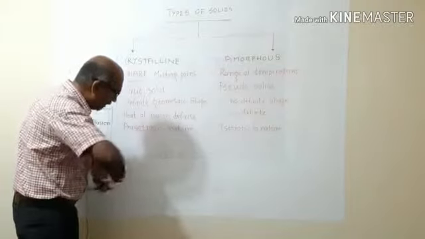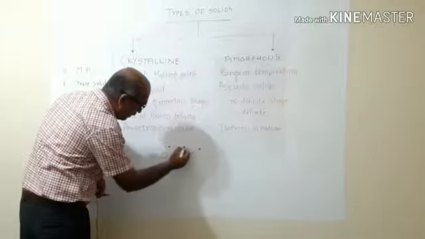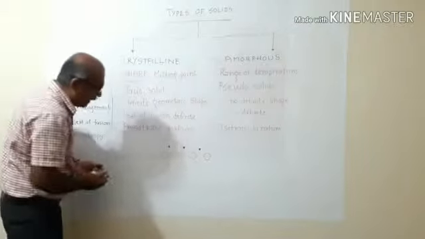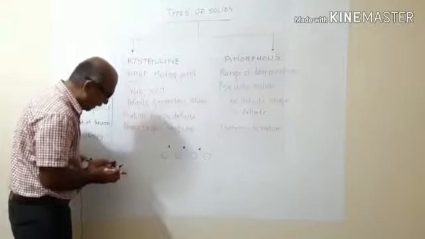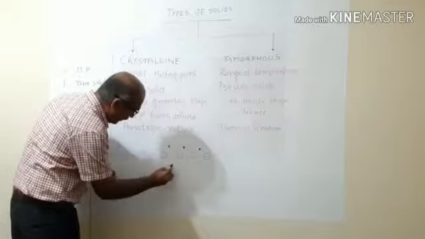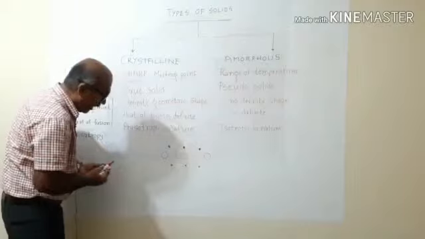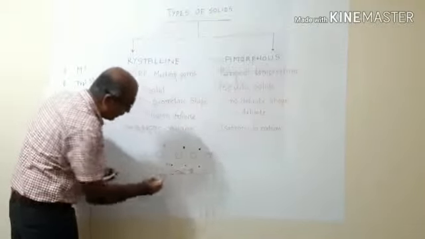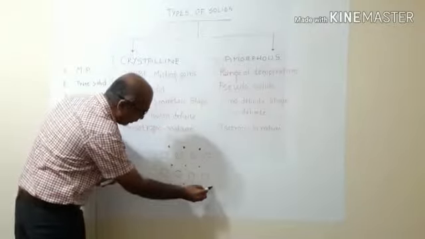Here I represent two types of molecules: the red molecules, larger ones, and at the same time small molecules, like this. Again I will draw one more row, like this.